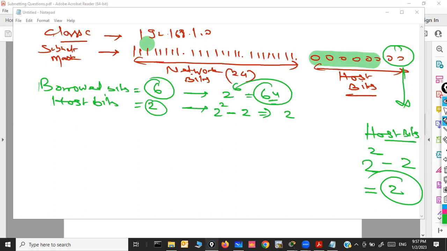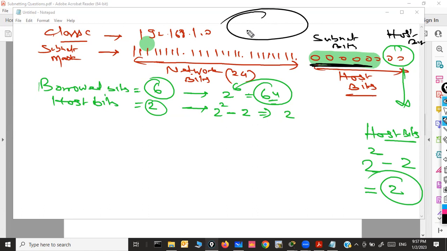So 6 bits are subnet bits now and 2 are host bits. It means we have divided this class C network into 64 subnets, right? Even though the requirement was not the number of subnets; in the question the requirement was IPs in each subnet.